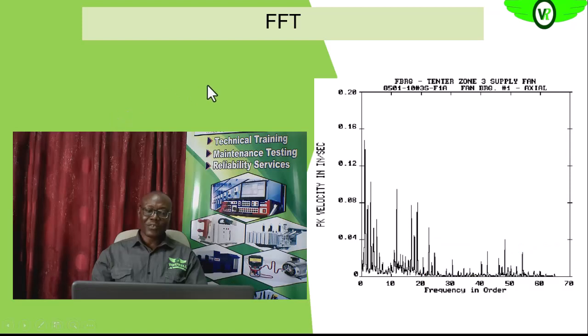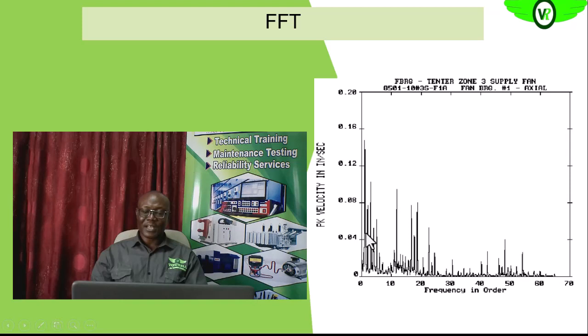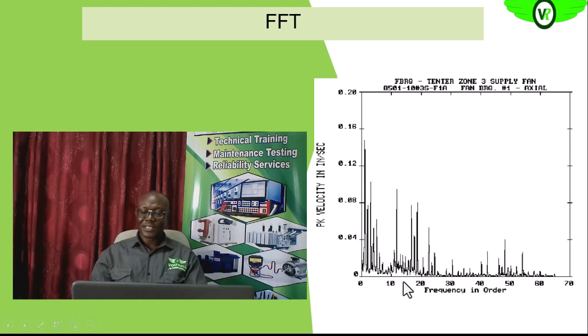So like we said before, as you carry out the fast Fourier transformation, you have something like this. So at 1 times the fundamental frequency, 1 times RPM or 2 times RPM, we are seeing the peak. Then at higher frequencies, 10 to 20 times the fundamental frequency, we are seeing different peaks.